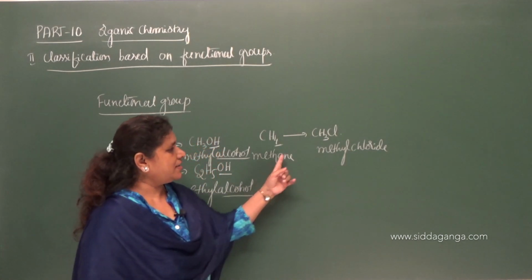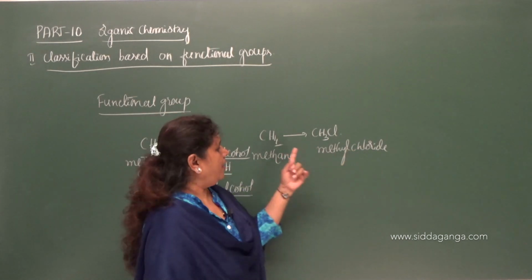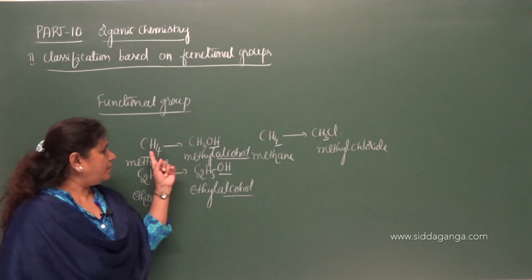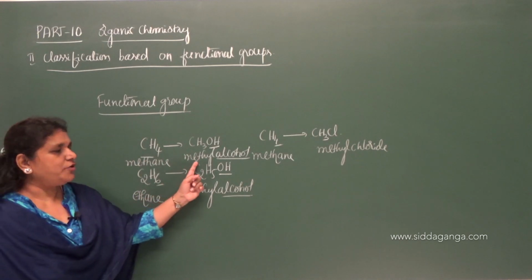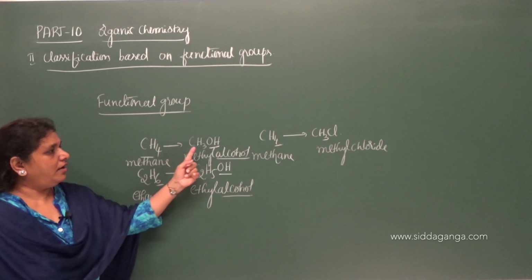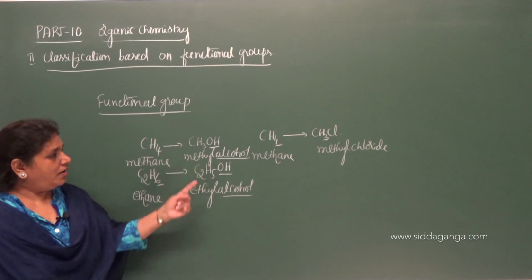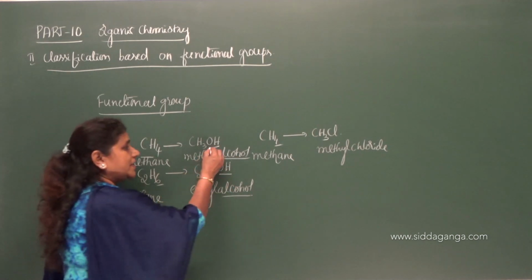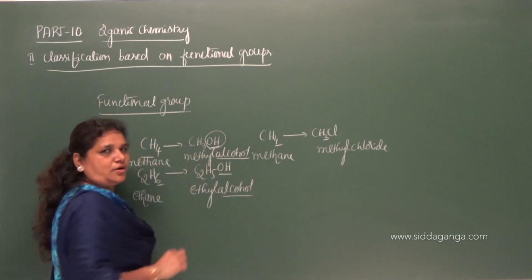So methane gets converted to methyl chloride by replacing hydrogen by chlorine, and methane gets converted to methyl alcohol by replacing one hydrogen by the OH group. To call this compound methyl alcohol, the presence of this OH group is required.